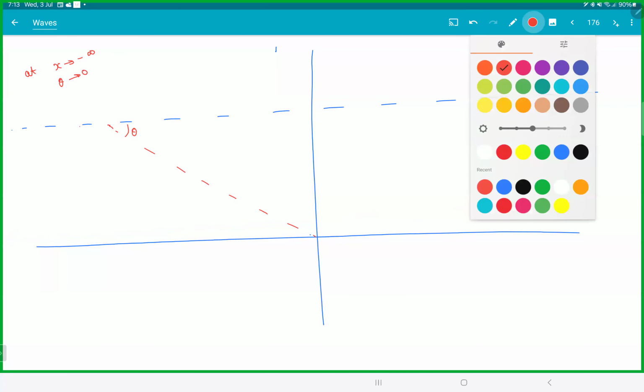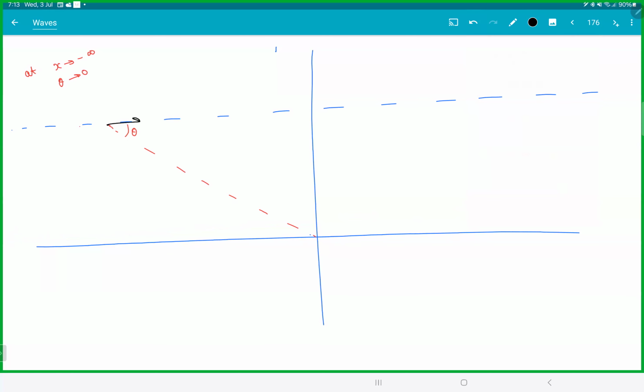That means this velocity which you are going with, v, you are interested in this component v cos theta. That means the frequency generated at minus infinity will be what? The velocity is completely towards it. So that means the component of velocity would be v only.